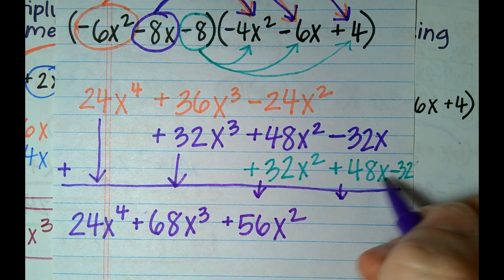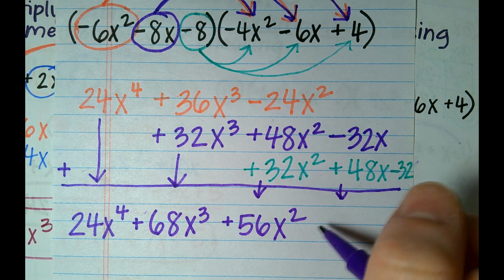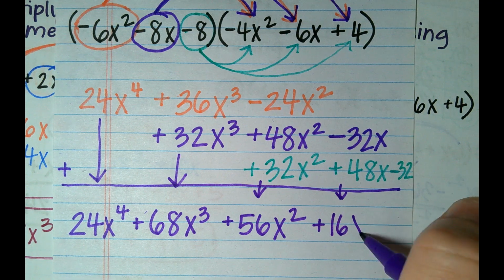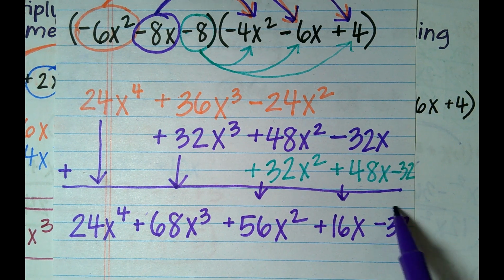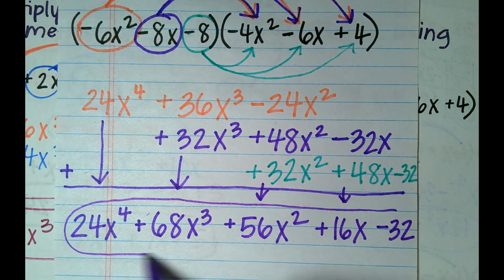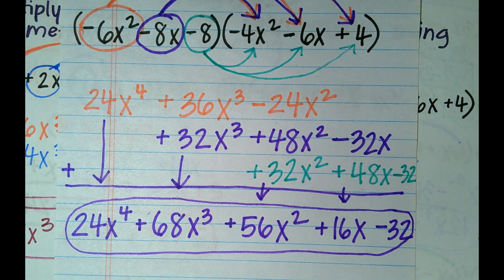Bring that down. 48 minus 32, that's plus 16x. Minus 32. That's our answer. Keeping your numbers lined up is a big help in big problems like these.